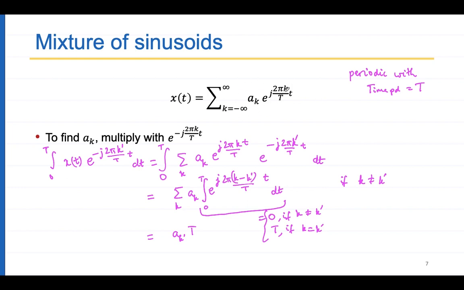If k is 1, then this is a sinusoid with a frequency capital T. When k is 2, it is a sinusoid with half the period, and when k is 3, further harmonics. So basically these are the harmonics of capital T. That's the motivation, that you can split any periodic signal as a sum of sinusoids of that same period.